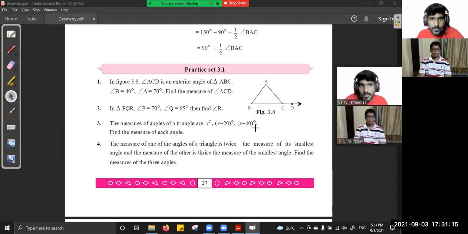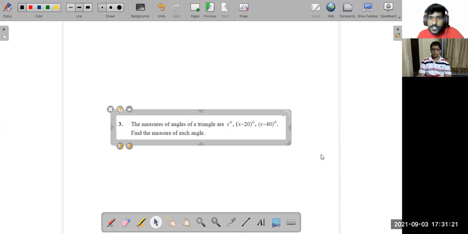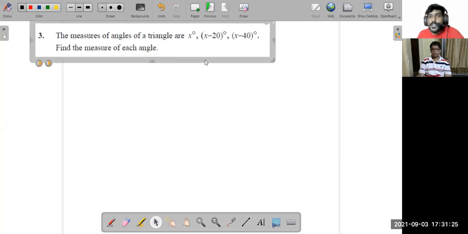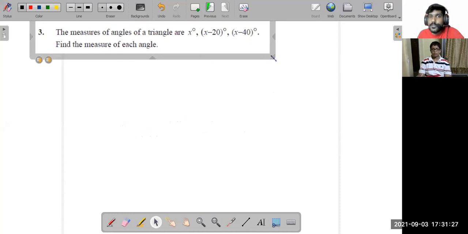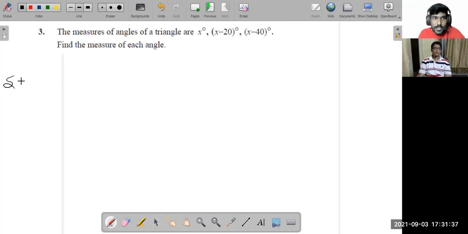Third one. Measures of angles of a triangle are x degrees, x minus 20 degrees, x minus 40 degrees. Find the measure of each angle. How to do this one? Can you tell me? Think about it. I'll draw the diagram for you. Let's see if you manage to do it with the diagram.